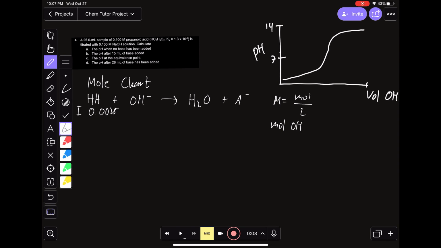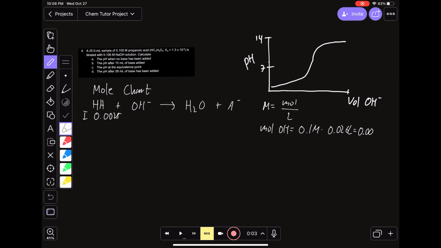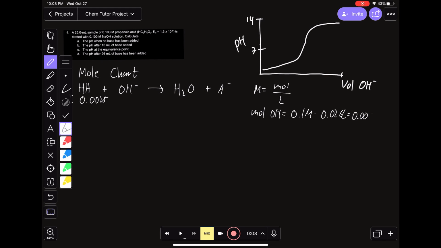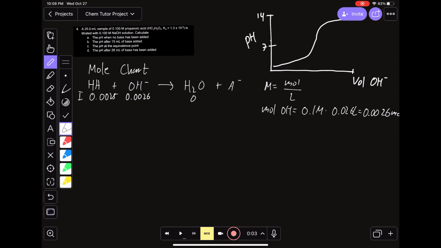Mole of OH will be 0.1 molarity times 0.026 liters, and we just get 0.0026 mole. So plug that in here, 0.0026. Of course, 0 for our initial amount of water and 0 for initial amount of conjugate base.